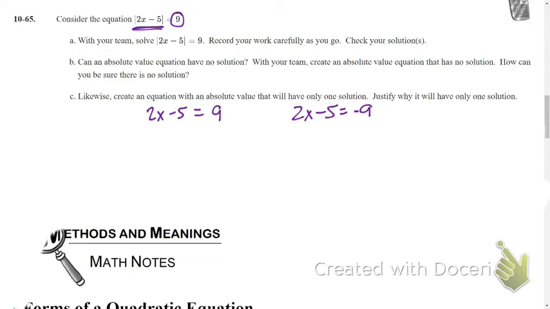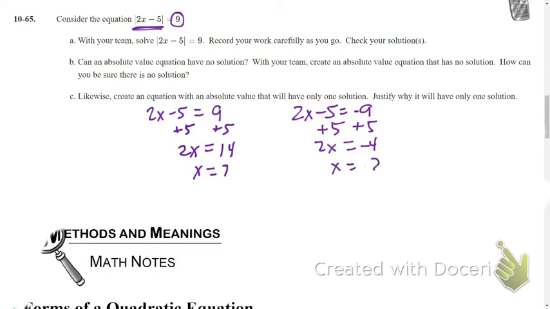So we'll solve this together because I know you guys can do this with relative ease. I'm going to get 7 is my first one, and then this time I'm going to get a negative 4 on the right side, so my answer is going to be negative 2, right?